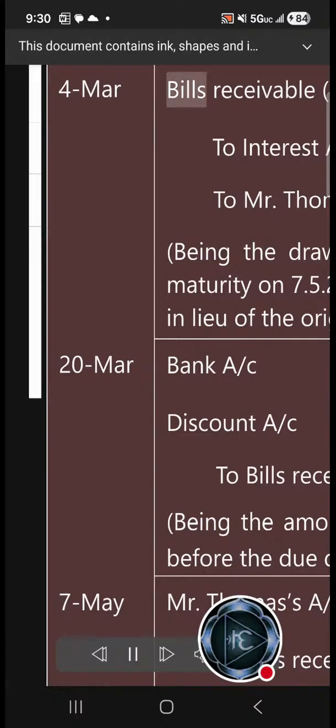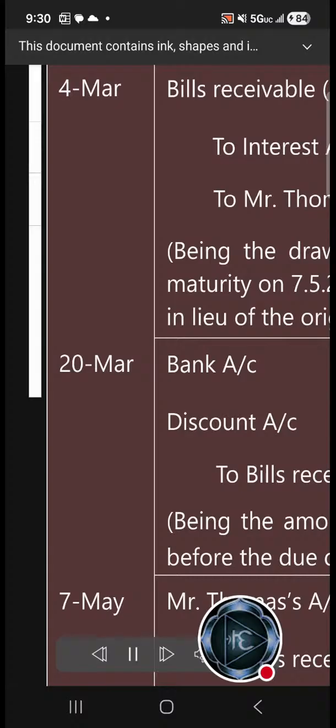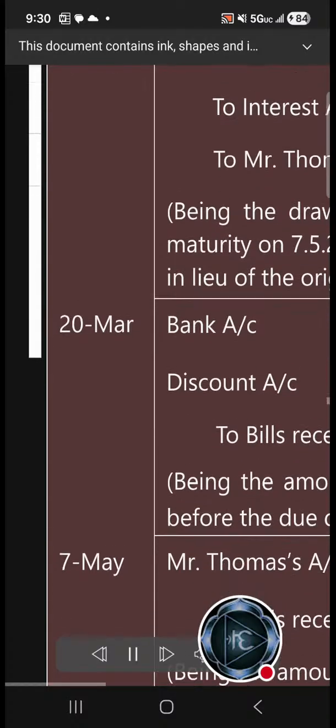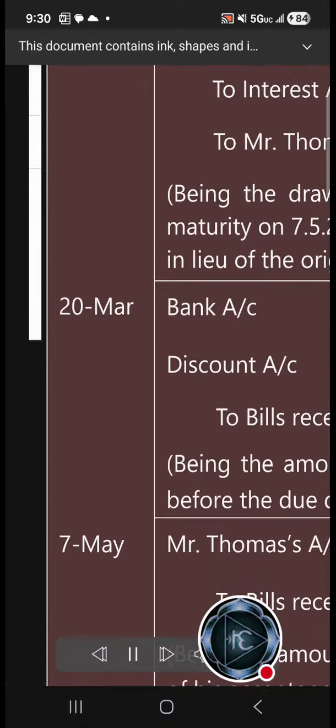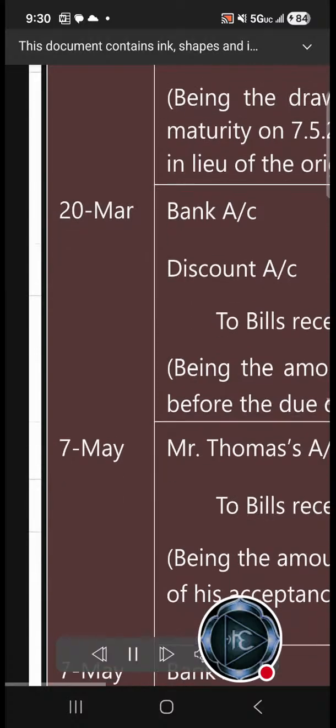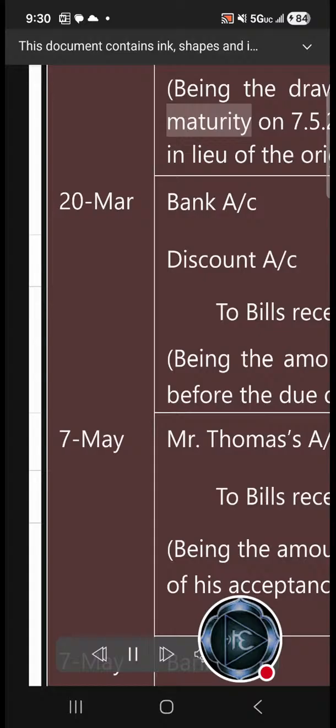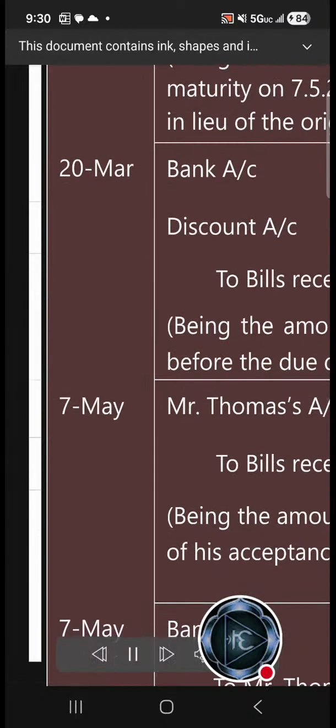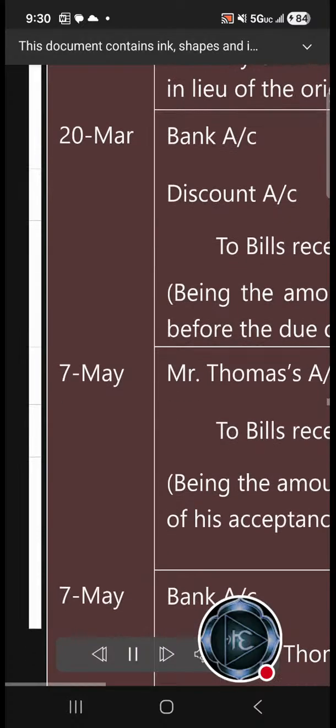Bills Receivable number 3 A/C Dr. 6,180, To Interest A/C 180, To Mr. Thomas's A/C 6,000. March 20th. Being the drawing of bill of exchange number 3 due for maturity on July 5th, 2022, together with interest at 18% p.a. in lieu of the original acceptance of Mr. Thomas.